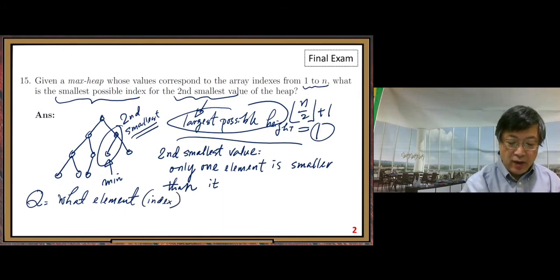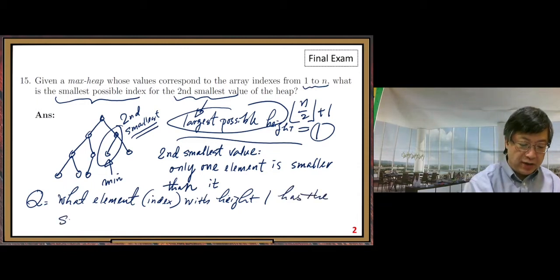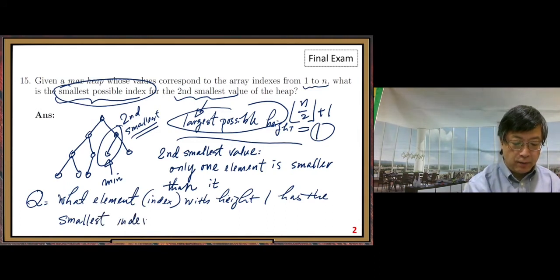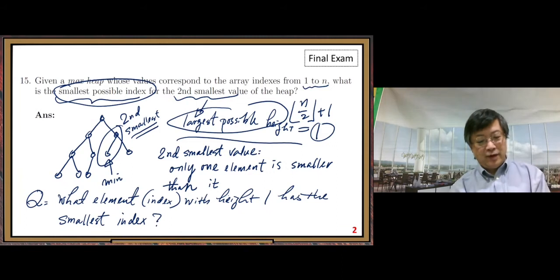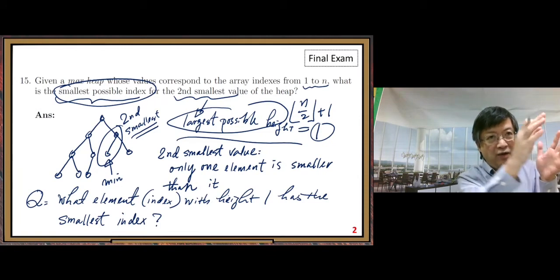What element with height 1 has the smallest index? Because we want the smallest possible index. Can you find the answer to this question? This one should have height 1.